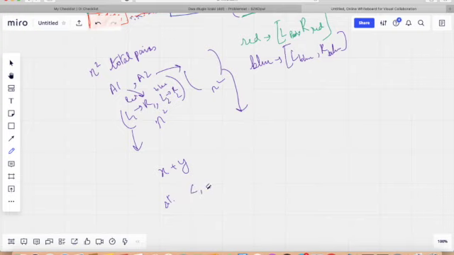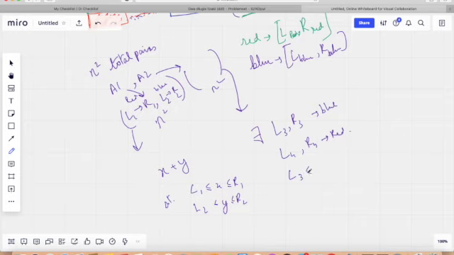So L1 less than or equal to x less than or equal to R1, L2 less than or equal to y less than or equal to R2, and there exists such, let's say, L3 R3 and L4 R4 here. So this corresponds to blue, this corresponds to, let's say, red, such that L3 less than or equal to x less than or equal to R3, L4 less than or equal to y less than or equal to R4, right?